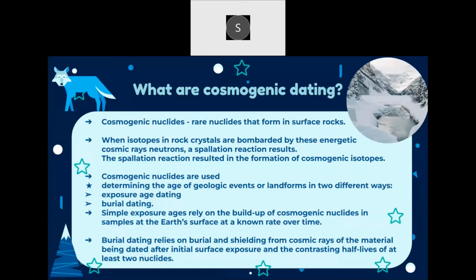In contrast, burial dating relies on burial and shielding from cosmic rays of the material being dated after initial surface exposure, and the contrasting half-life of at least two nuclides.